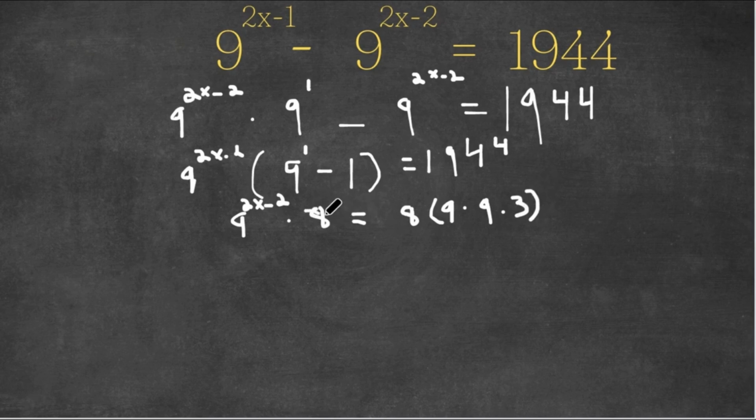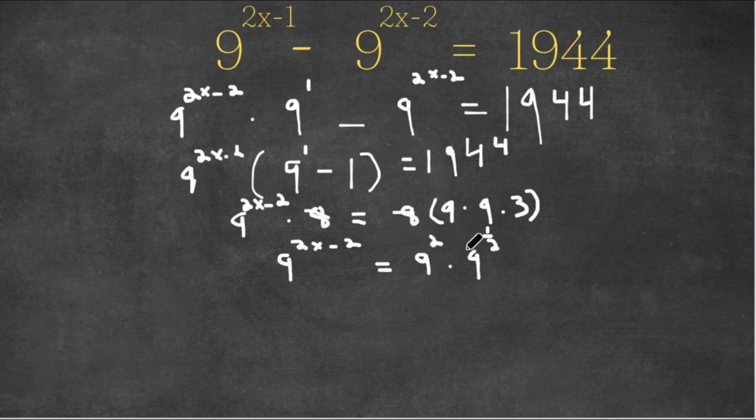So now these two 8s would cancel out, so this would be 9 to the power of 2x minus 2 equals, well, 9 times 9 is 9 squared, times 3 is actually 9 to the power of 1/2. Because 1/2 is the same thing as the square root of 9, and the square root of 9 is 3. And now, as you can see, what I've done is I've made all the terms have a base of 9.